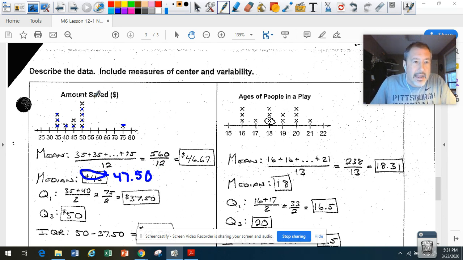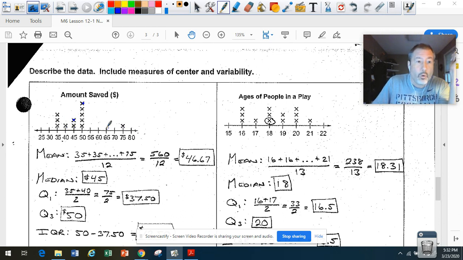Okay, so now we're going to be dealing with Q1 and Q3. So if I clear this here, we know that we are going to be including this point and this point. So 1, 2, 3, 4, 5, 6 here. And I'm going to have 1, 2, 3, 4, 5, 6 here.